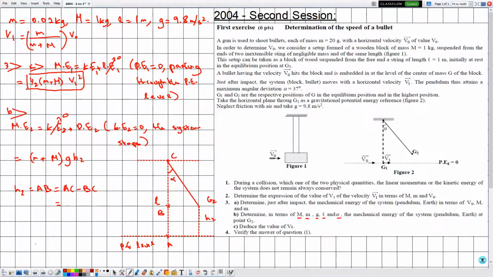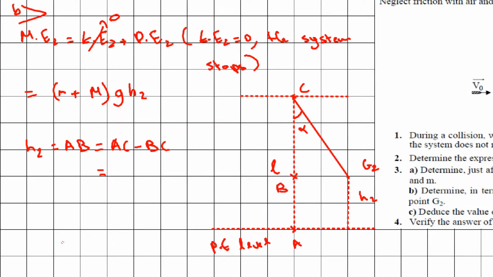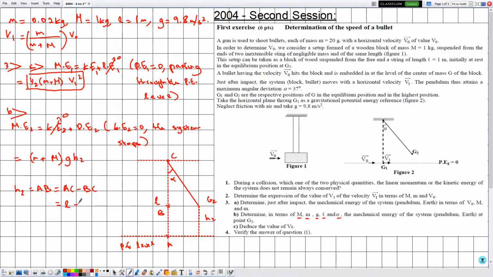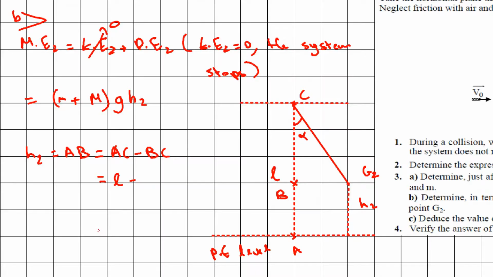Then AC, from A to C: when G2 is in the equilibrium position, G2 coincides with A, and we can notice that the distance from C to A is nothing but the length of the pendulum, which is L. What about BC? BC can be related to the angle alpha via the cosine, because BC with respect to alpha is an adjacent.